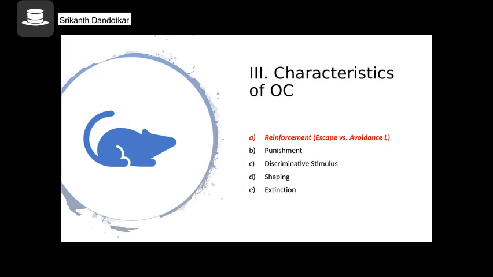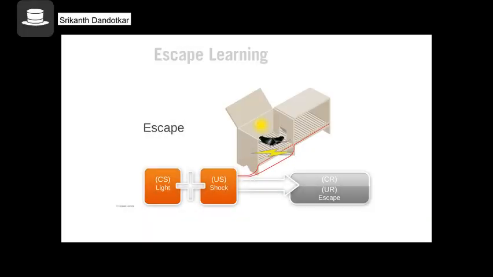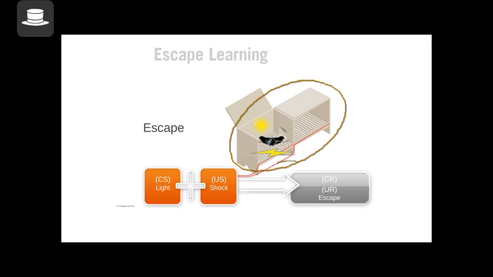Well, there is one more important aspect of reinforcement that we need to address. Here we'll talk about escape learning and avoidance learning. To demonstrate escape learning in the laboratory, the animal learns to perform an operant response to terminate an aversive stimulus. The animal is placed in a shuttle box with an electrified floor on one side and a non-electrified floor on the other side.